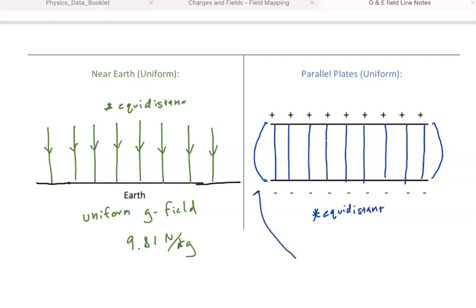But these should have these edge effects because nothing is infinite. So there's always going to be this edge to these parallel plates. Whereas the Earth, even though it is round, it's so large that no matter what we zoom in, it kind of looks flat, and that's what throws some people off. And they should all push downward towards the negative charges.